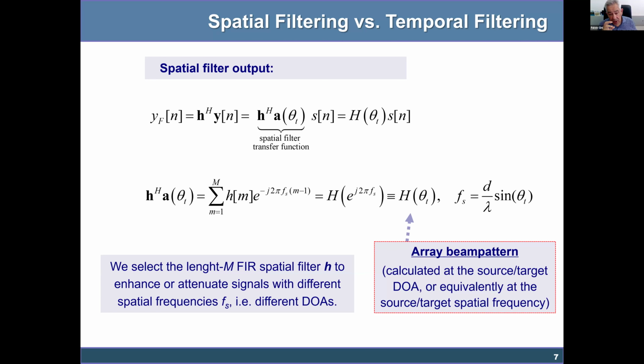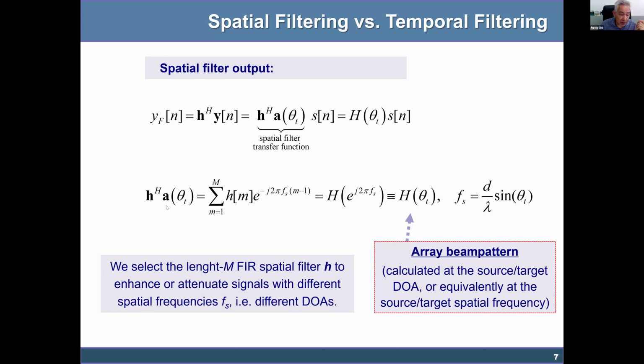And because it describes the selectivity of the filter depending on the value of the direction of arrival, this quantity here is typically called the beam pattern. So the array beam pattern in spatial filtering is the equivalent of the frequency response in temporal filtering. So this is a very important concept.